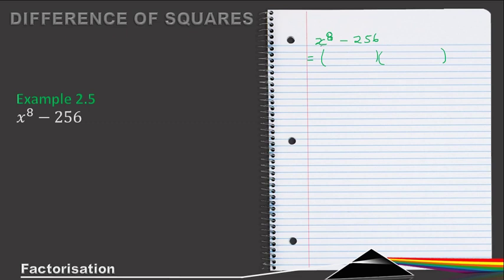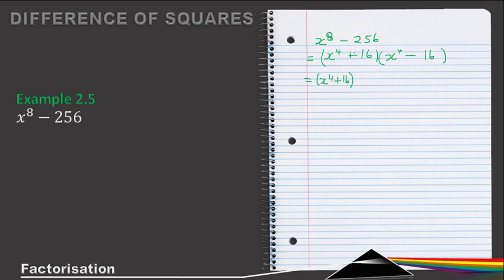So taking the square root of x to the power of 8, we have x to the power of 4. Then we have our plus and minus, and the square root of 256 we saw was 16, so we have a 16 here and here. Now, once again, this one can be taken further, so I just copy this one over, x to the power 4 plus 16.